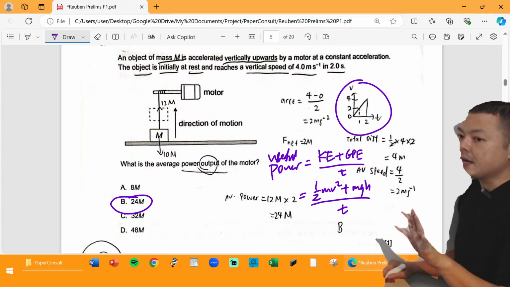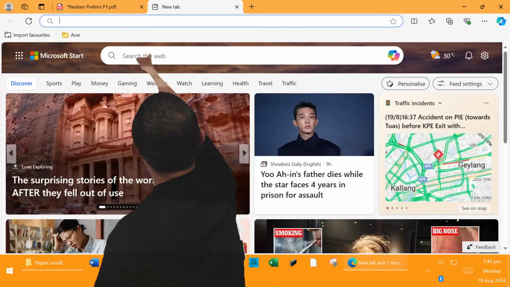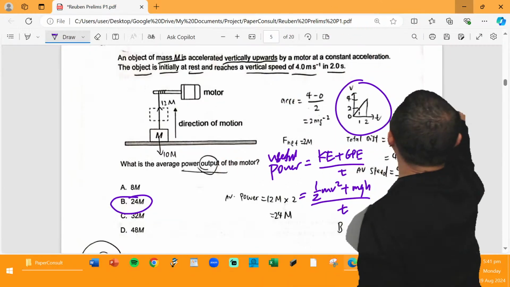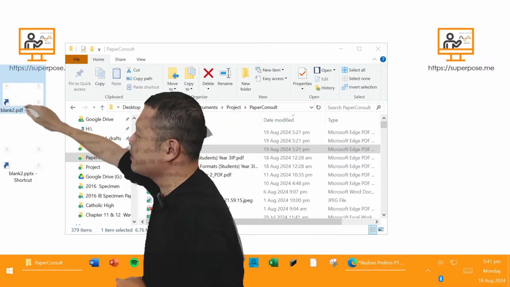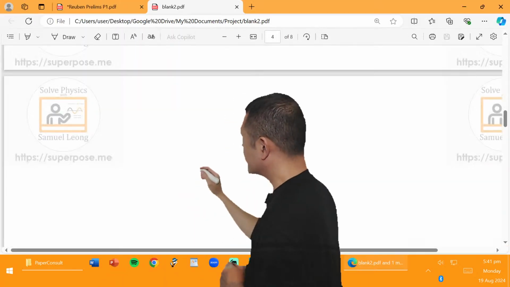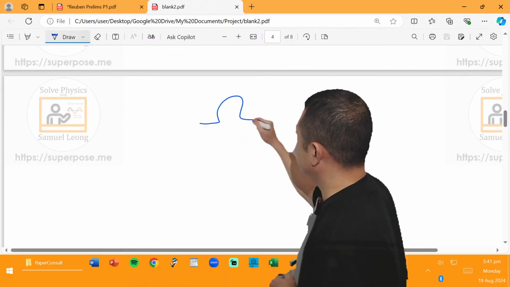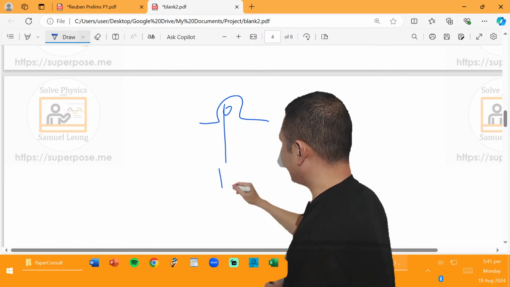All right, but let me give you the scenario that I gave the students just now. A motor again, and a mass like this.